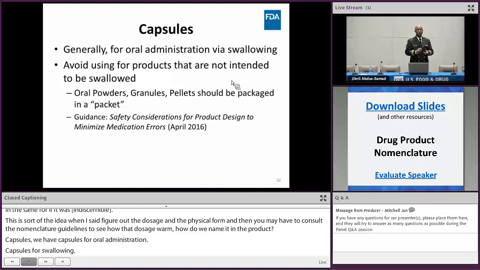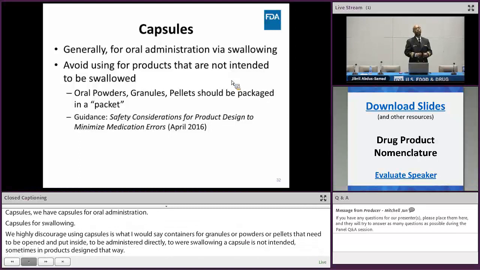Sometimes there are products that are designed that way. The advice would be, if you have an oral granule, powder, or pellet that should be administered directly, we encourage you to package it in a packet, or one of the older terms we see is sachets. And then there's a guidance that discusses product design and minimizing medication errors.